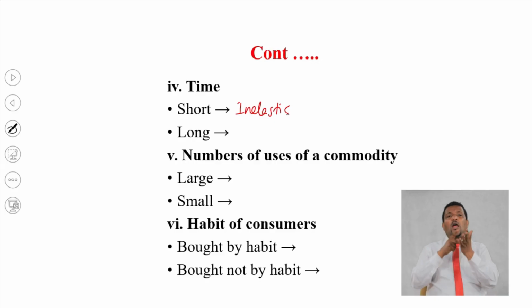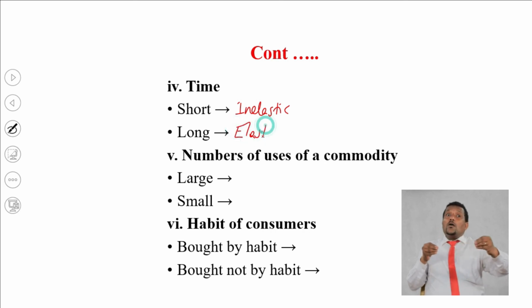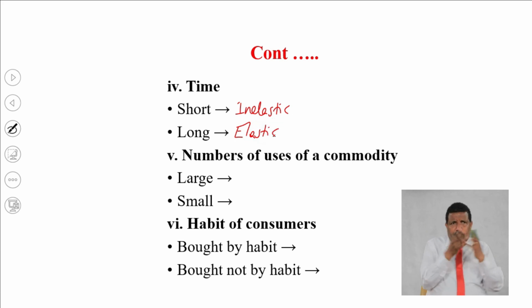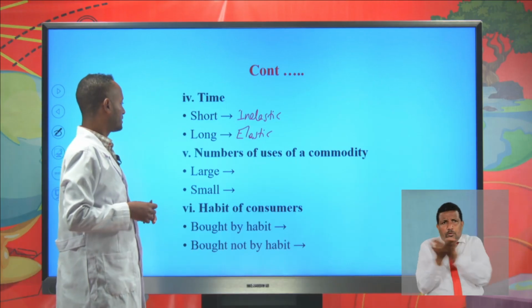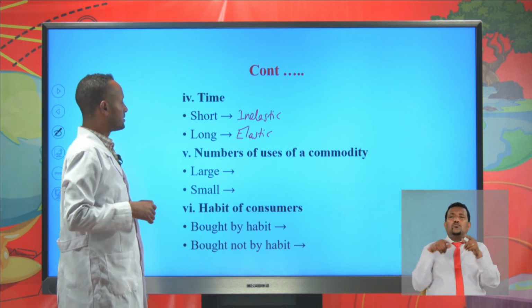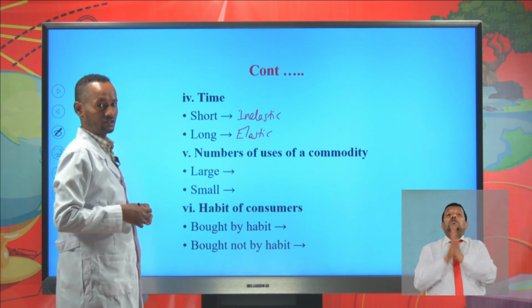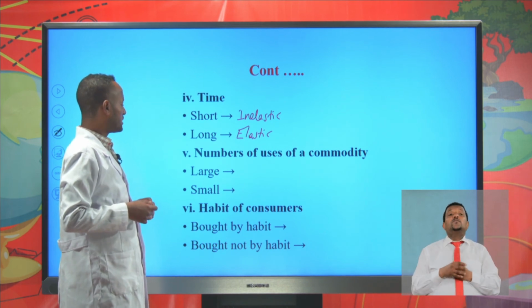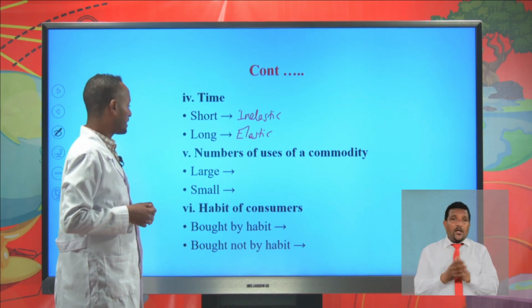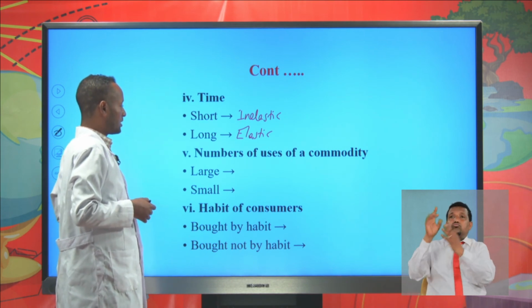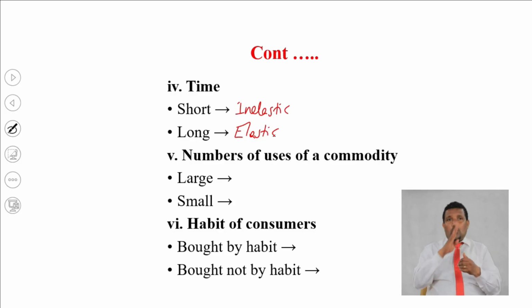But over a long period of time, the demand for a commodity tends to be more elastic because people can adjust their consumption, and many close substitutes are expected to be produced through time. The number of uses of a commodity is another determinant. If the product has a large number of uses, then we will be more elastic because we can reduce the number of uses of the commodity. But if it has a small number of uses, then the demand for the commodity tends to be more inelastic.